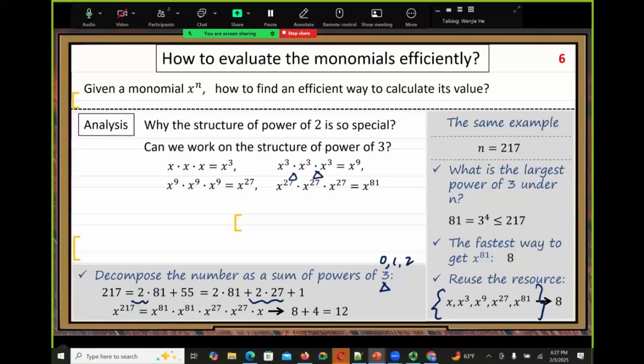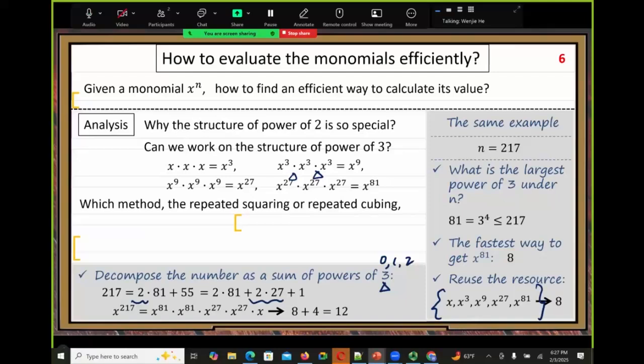We used repeated squaring with 11 multiplications. So this one is not as good as the repeated squaring, because we need 1 more multiplication.